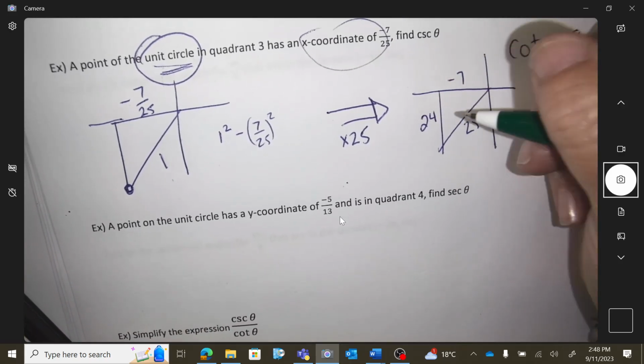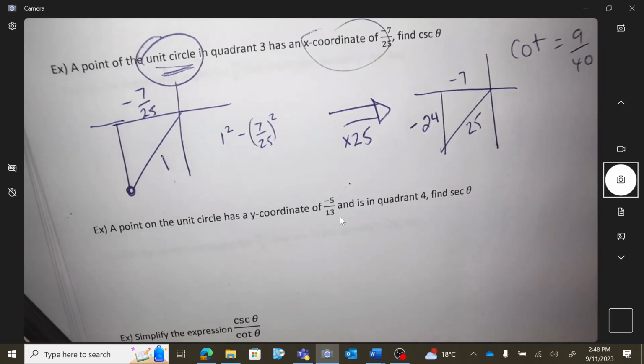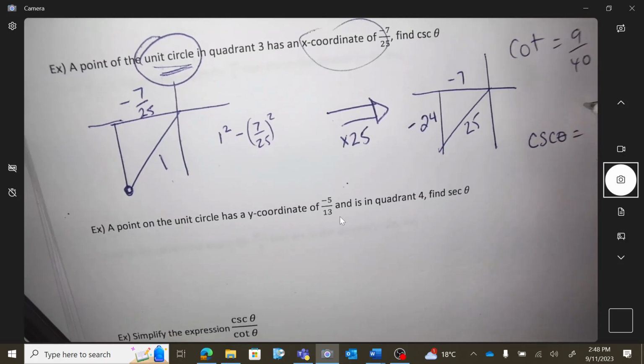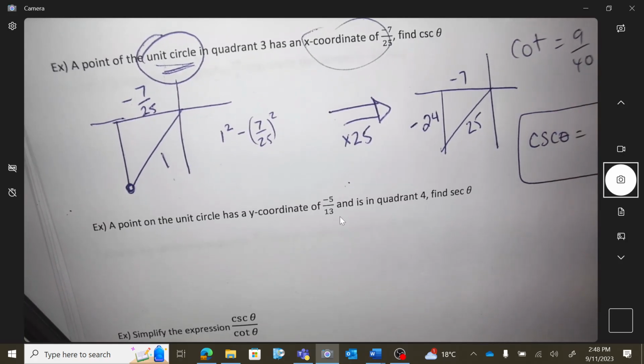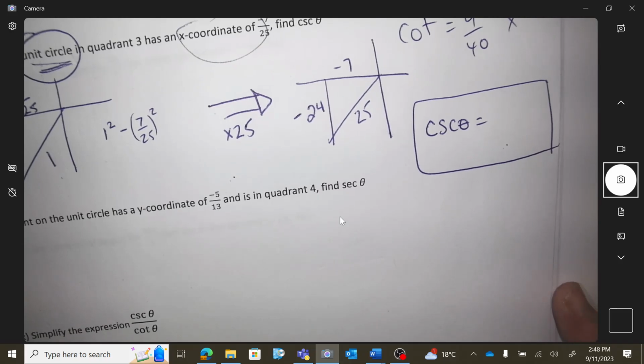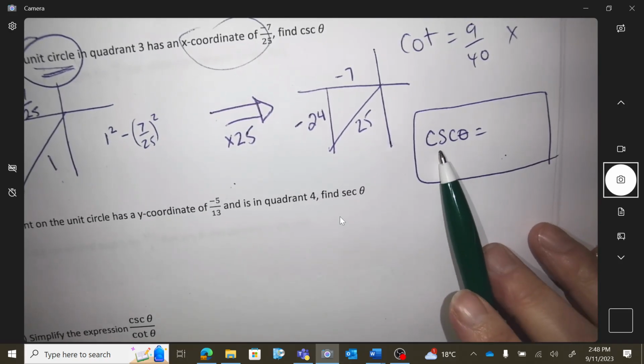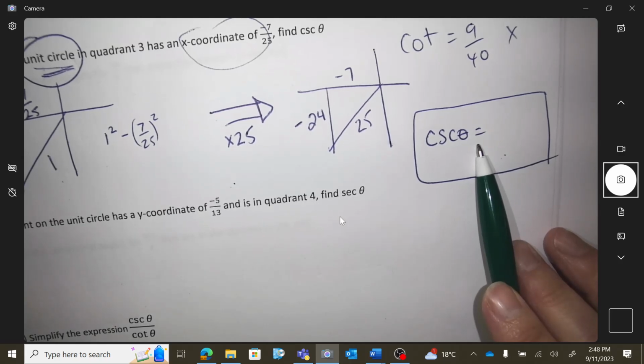So 24, negative. So the question says, what is the cosecant of this angle?